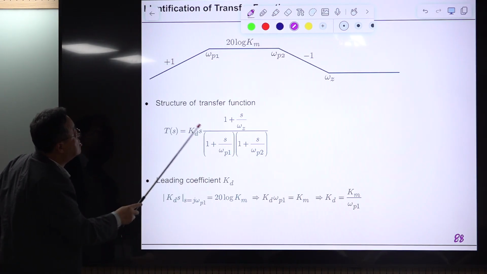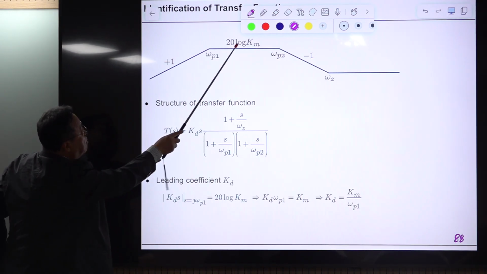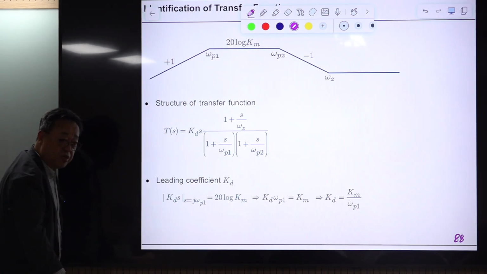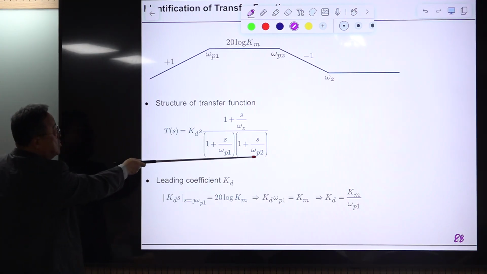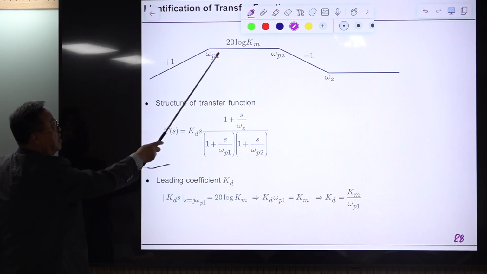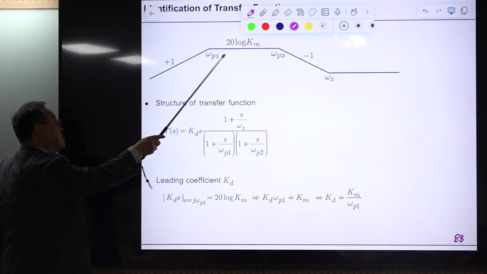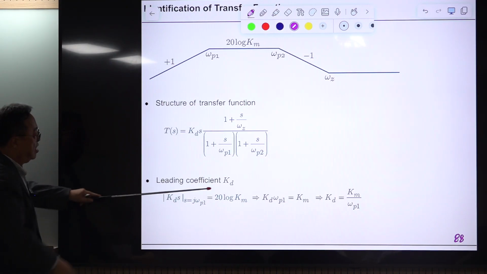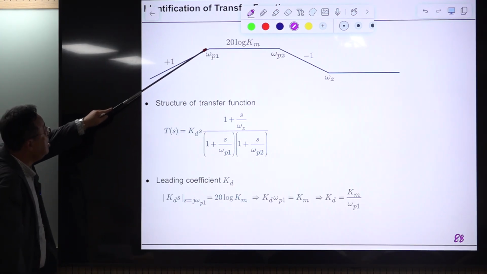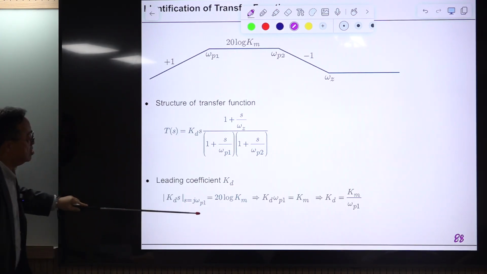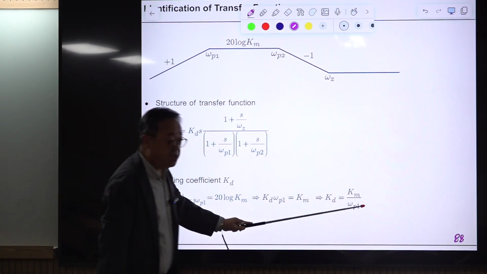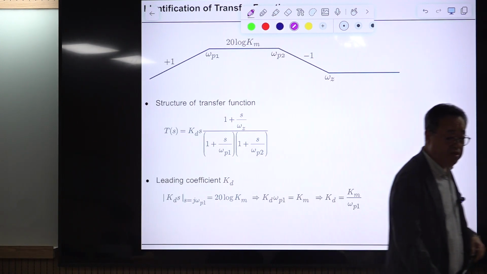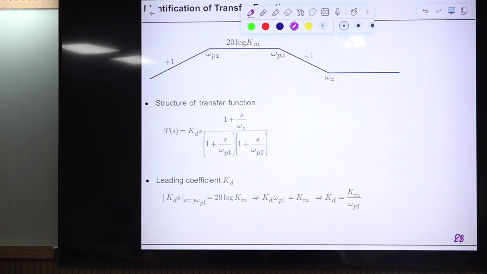You evaluate this term at this frequency, and that value is 20 log Km. So this is the linear equation, and Kd is determined like this. This will be used for many purposes.